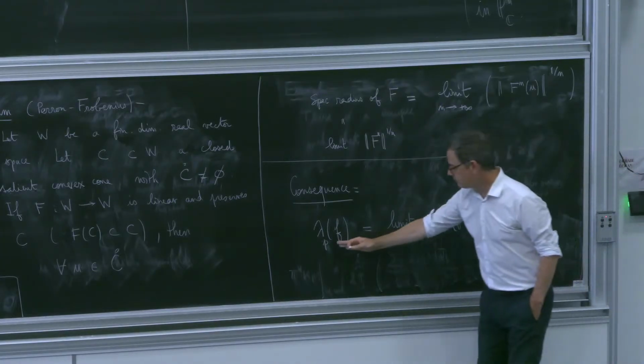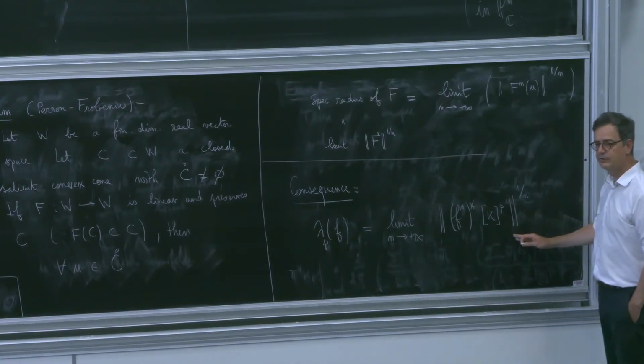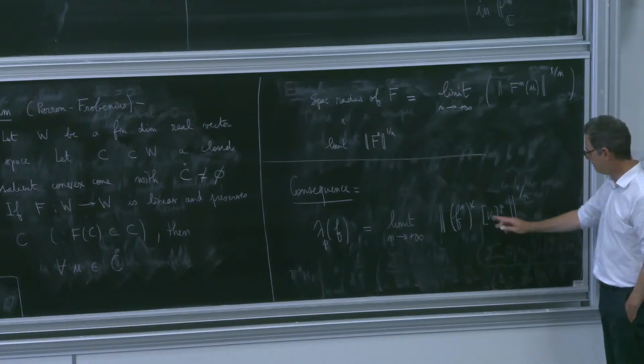So to compute this spectral radius, you just have to look at what happens on the Kähler forms and their pth power.